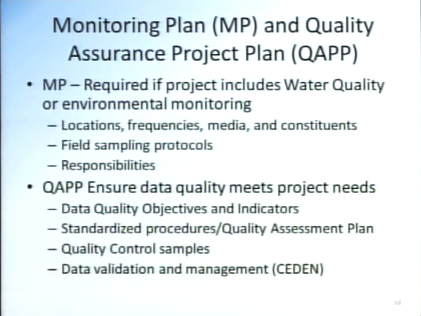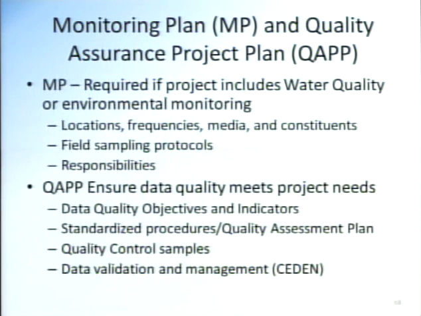Then your quality assurance project plan is to ensure that the data you collect is going to be adequate to answer those questions and to meet the needs of your project. It may be included in the monitoring plan, or it may be a standalone one. You may use the QAPP that the State Water Board has developed for our Surface Water Ambient Monitoring Program. They have a QAPP that is available and can be used as long as it is appropriate for your project.